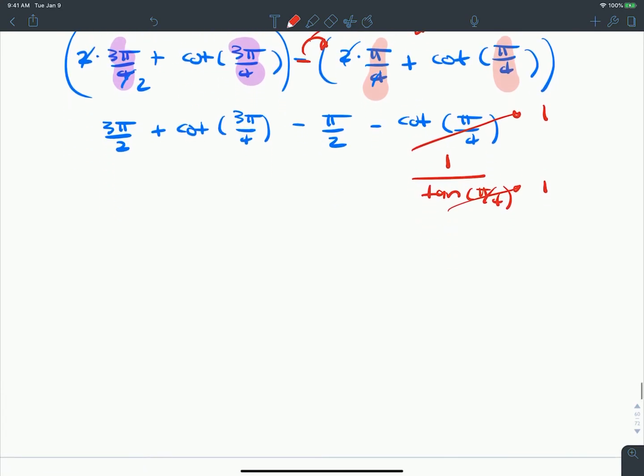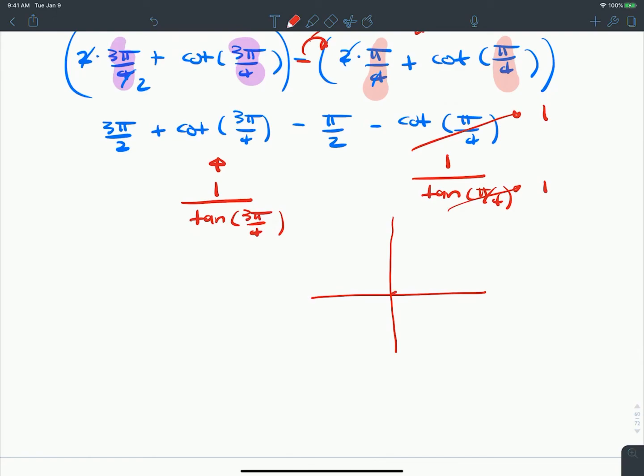And I want to mention something here that's very useful. You see, we have to find the value here of cotangent 3 pi over 4. I'm going to think of this as 1 over tangent of 3 pi over 4 personally.